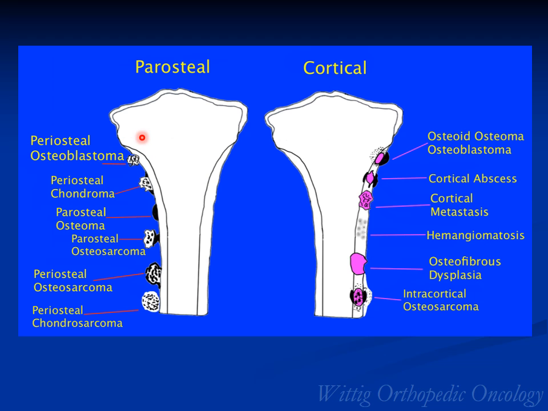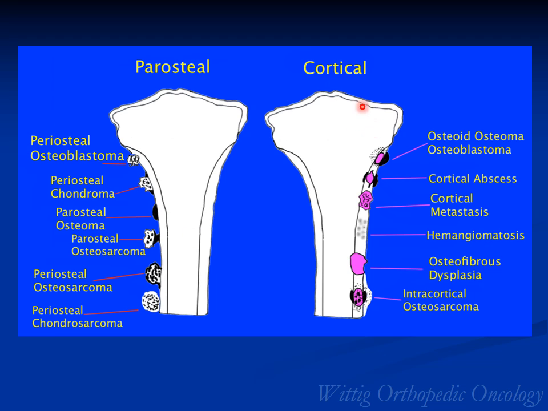Here's our schematic for periosteal tumors, or surface tumors of bone, also called juxtacortical tumors: periosteal osteoblastoma, periosteal chondroma, periosteal osteoma, periosteal osteosarcoma, and periosteal chondrosarcoma.